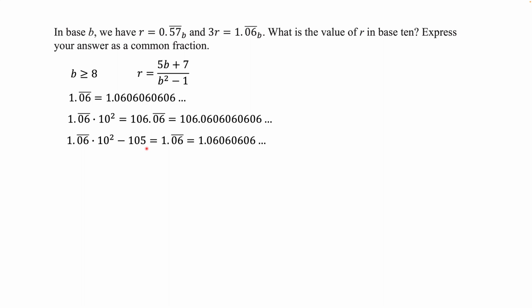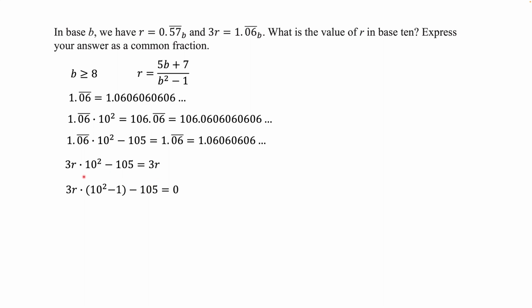Okay? And in this case, we got back to where we started, to 3r. So we started with 3r, multiplied by 10 squared, subtracted 105, and we got 3r. Again, 10, 105, everything in base b. Okay? We need to convert it.